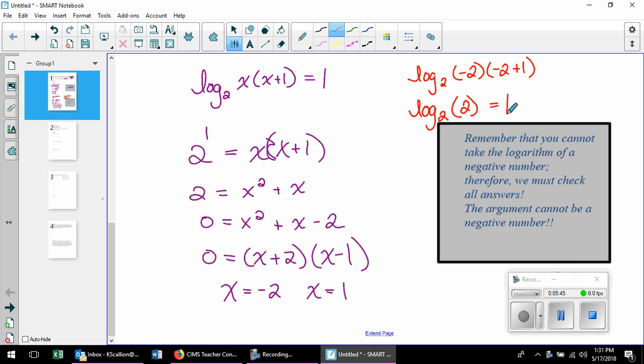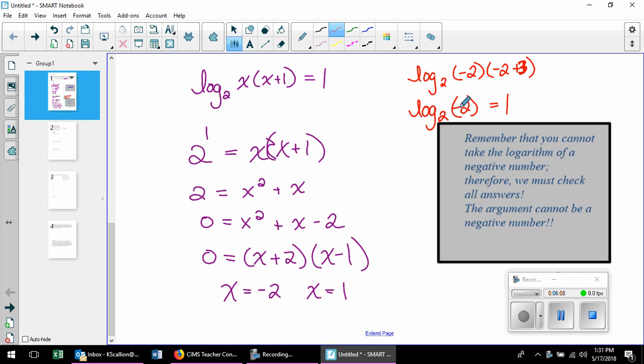So if this were a negative answer, let's say this was +3 for now, my answer would be -2 here. And there's no exponent that you can put on the base to change it from a positive number to a negative number. Does that make sense to everybody?